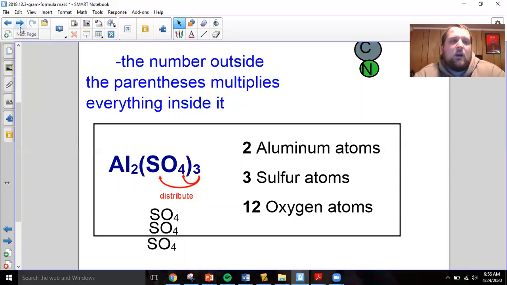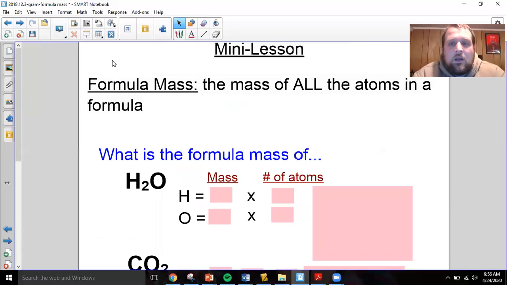So as far as what I'm asking you to do today, I'm asking you to find the formula mass of 9 different chemicals. And the formula mass is just the mass of all the atoms in the formula added up together. So for example, what is the formula mass of water? So we learned before about how to find the mass of elements.